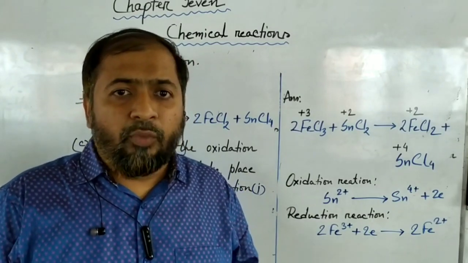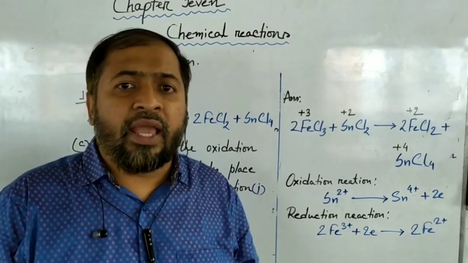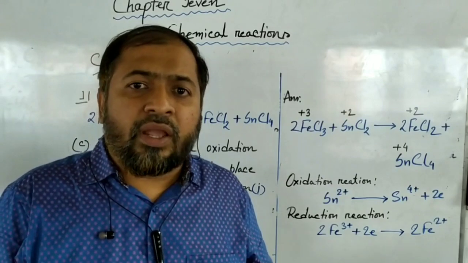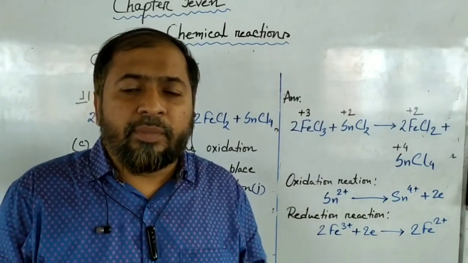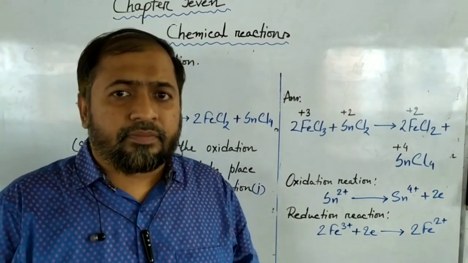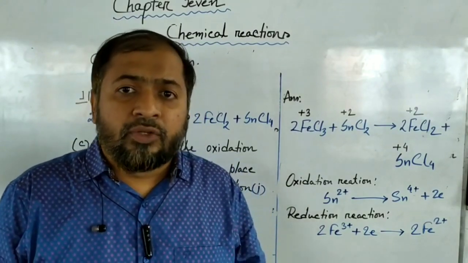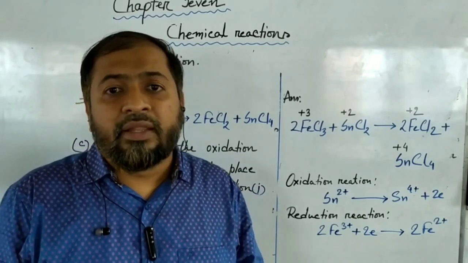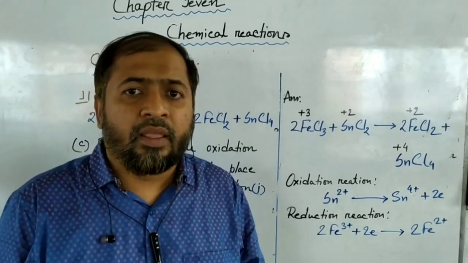Now, how can we explain that oxidation and reduction take place simultaneously? The oxidation reaction can only occur when 2 chemical substances exchange their electrons. In this case, the stannous ion donates 2 electrons and the ferric ion receives 2 electrons.